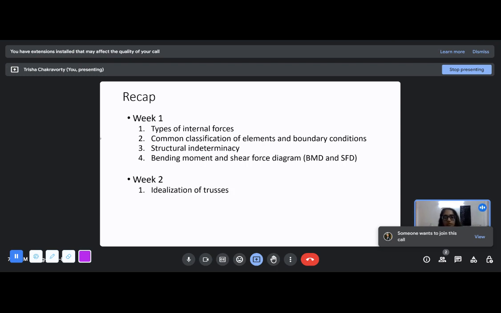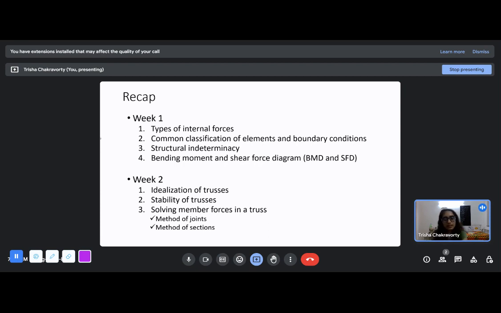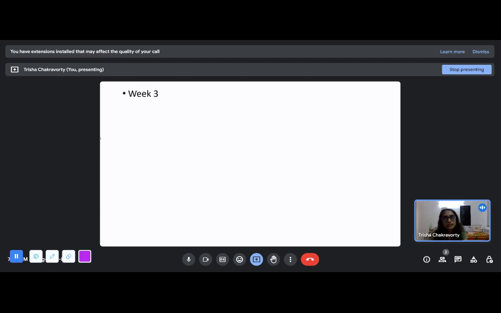In week 2, we moved on to trusses, how real life trusses are idealized using axial force members or two force members, and the stability of trusses and solving the member forces in a truss using two methods, the method of joints and the method of sections. And in week 3, we tried looking at the other kind of response of a structure.